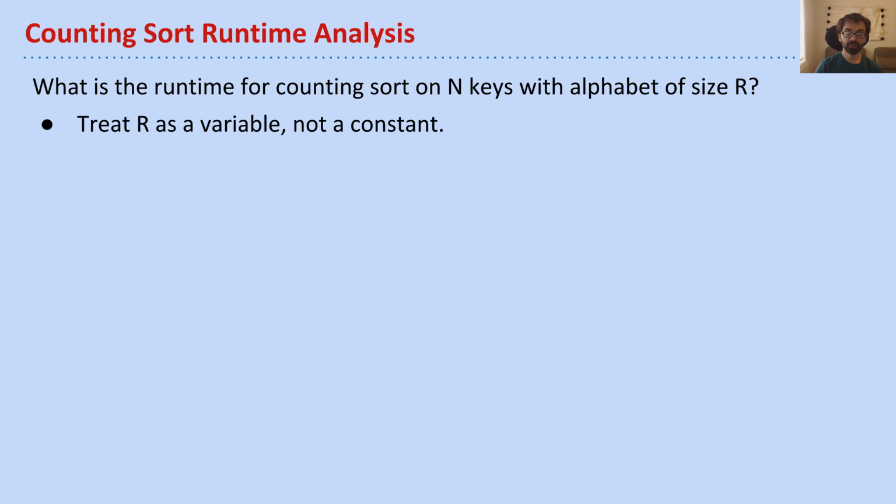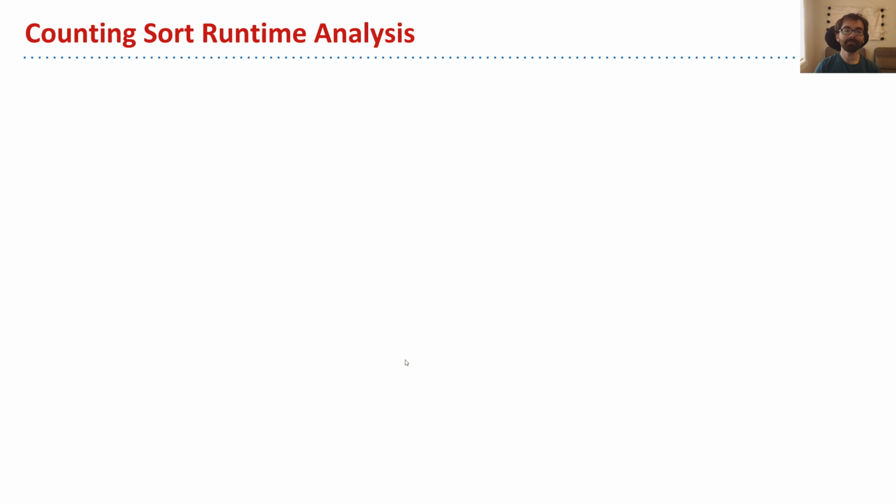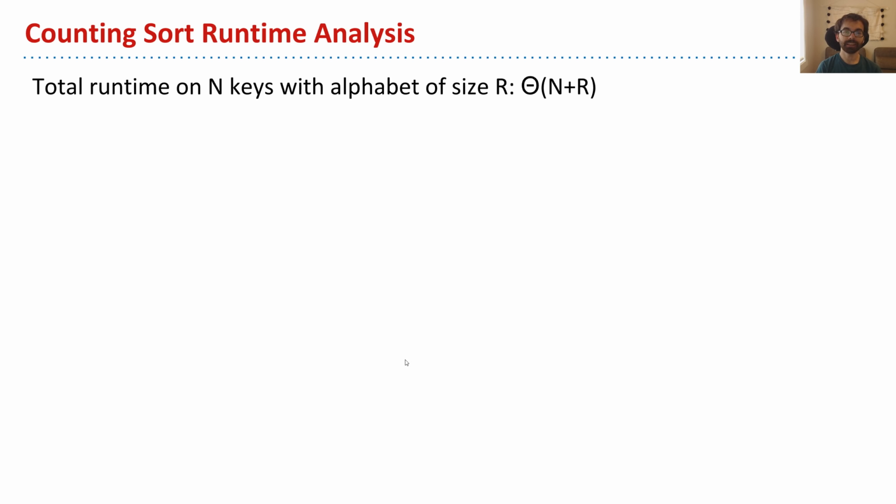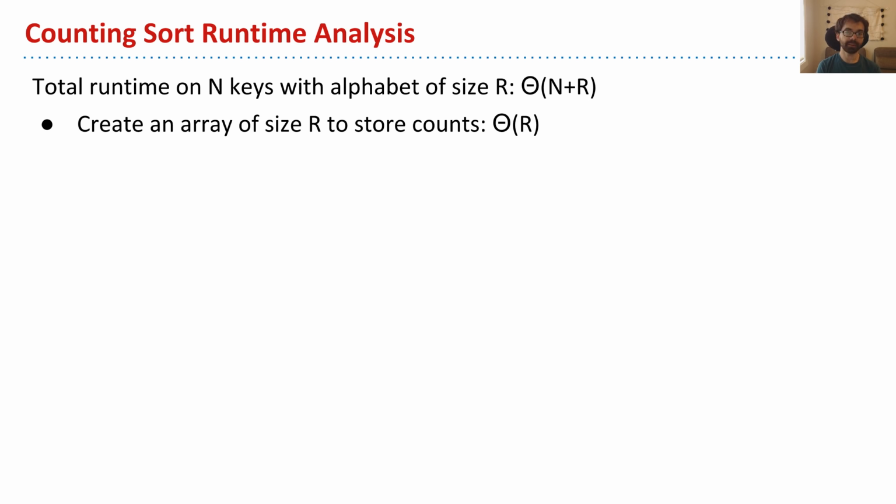Okay, so it turns out the runtime is going to be n plus r, in particular theta(n + r). And how does that work? Well, we could just go through each step. The first step is we create an array of size r to store the counts. That takes theta(r) time. So for card suits, that will be 4. That will be the size of my array.